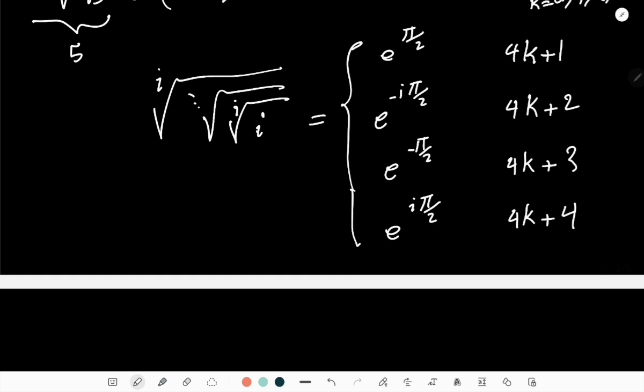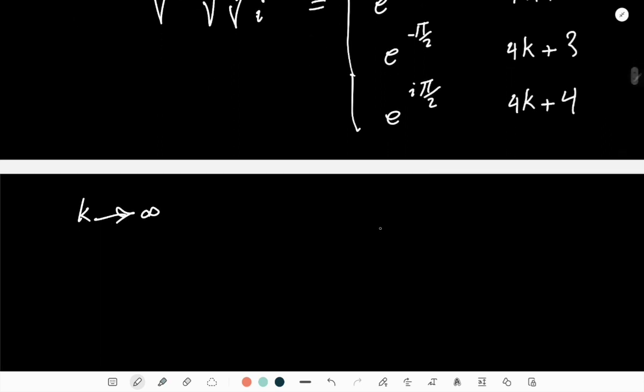So if k goes to infinity, for this infinite radical, it will never converge. So this is basically a diverging series, and all the values are on the complex plane, depending on what k is. So if this is the complex plane, here is y and this is x.